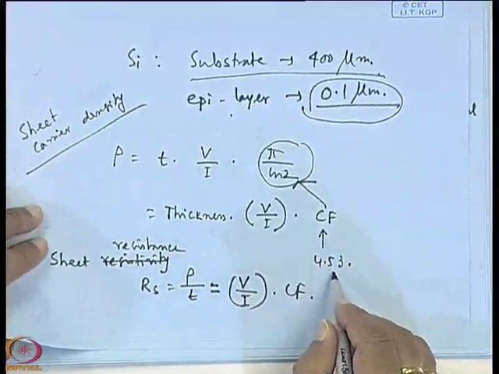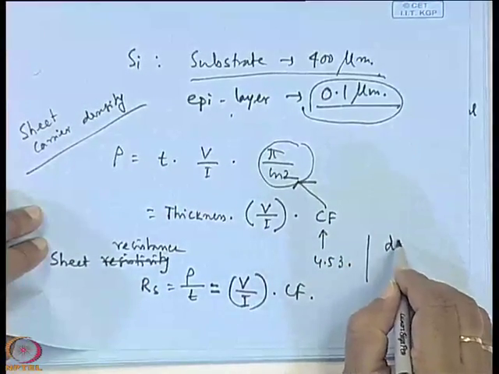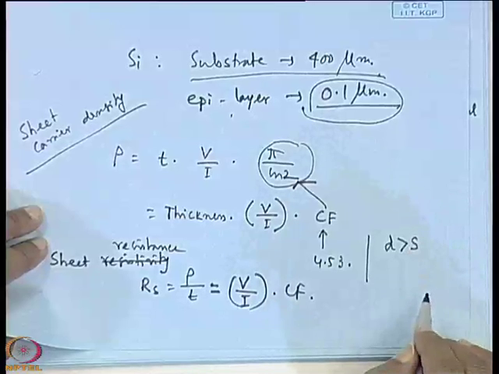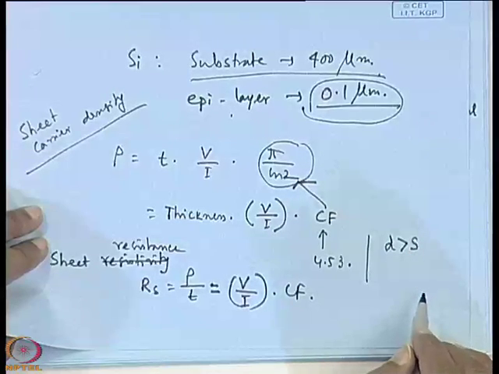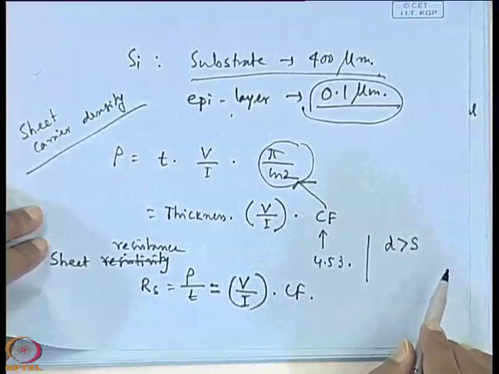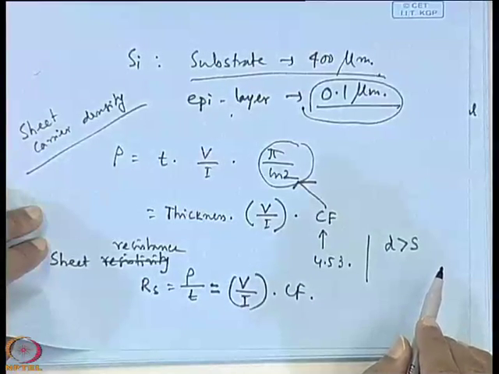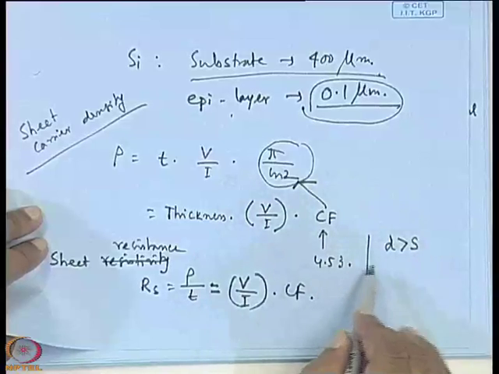And if it is uniform in nature, that means if the diameter of the sample is much greater than the probe spacing, then you can consider the correction factor as 4.53. It is valid generally for D greater than S, diameter greater than the probe spacing.